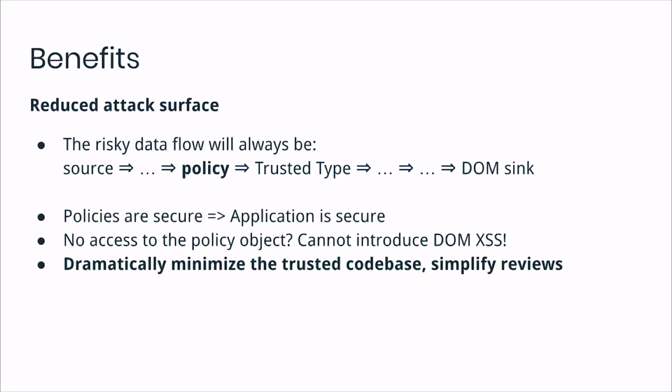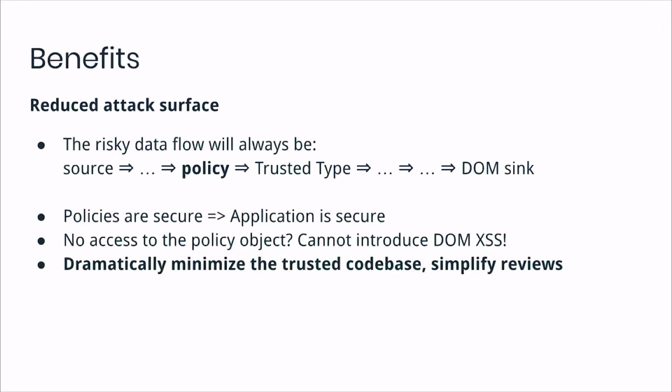First, you need to read something from a source, then something happens, then a policy object gets created, then used, and the policy applies its rules, a trusted types object is created, and only that trusted type object can later on be passed into a sink. So this is a critical piece in the whole chain. This is the thing that you have to review. This is the thing that you have to control, and this is the thing that you can put controls over.